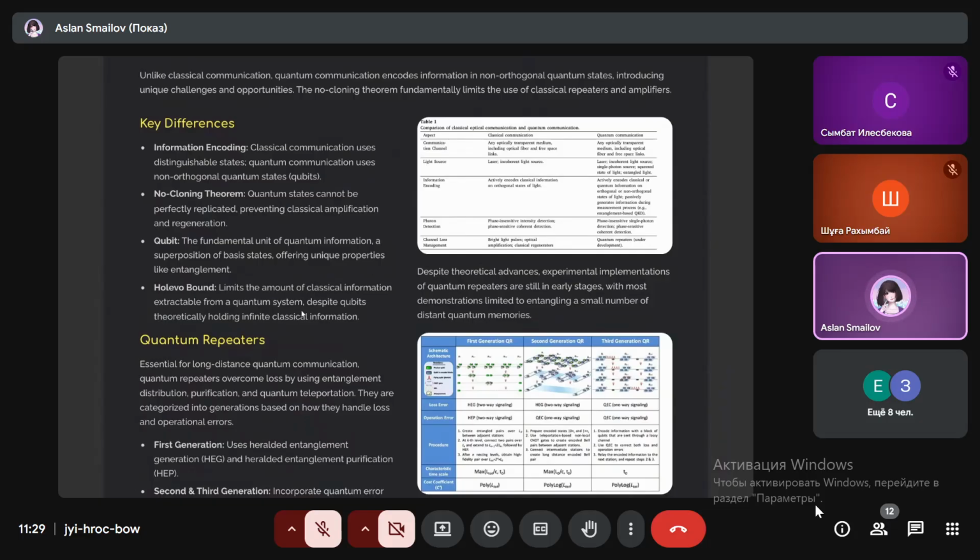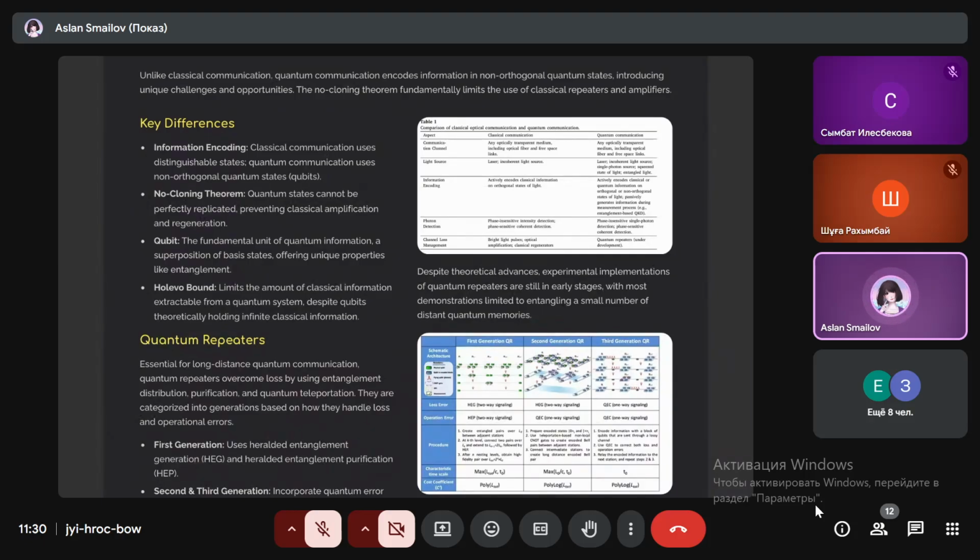despite qubits theoretically holding defined classical information. For the quantum repeaters, we also have here a picture that compares the first generation of the quantum repeaters, the second generation, and the third generation of quantum repeaters.